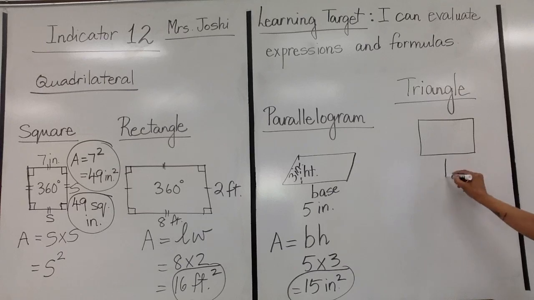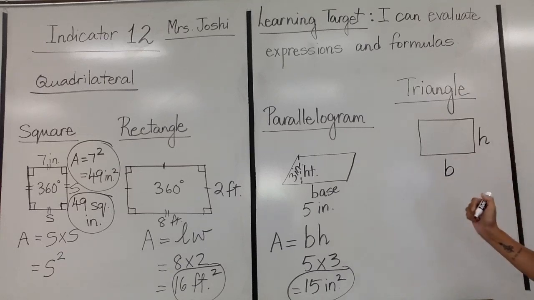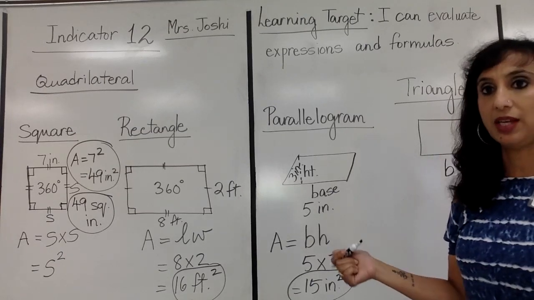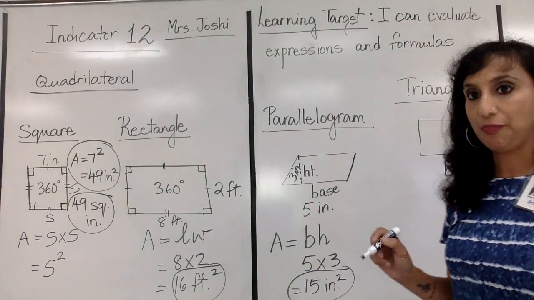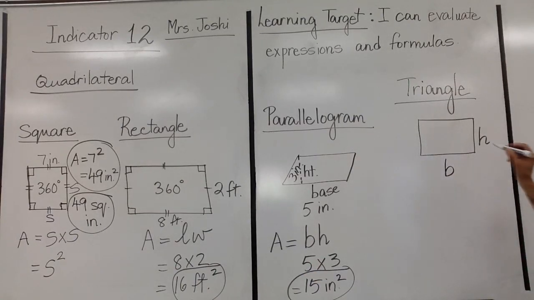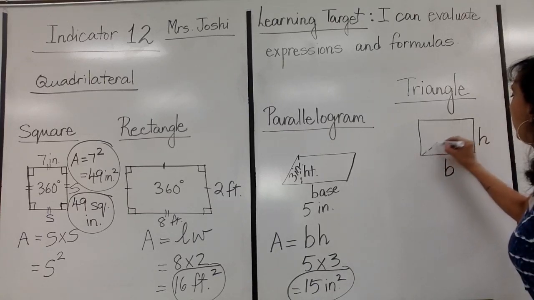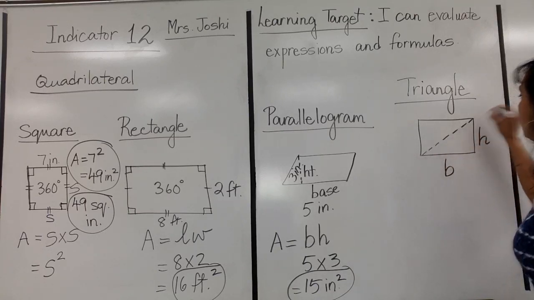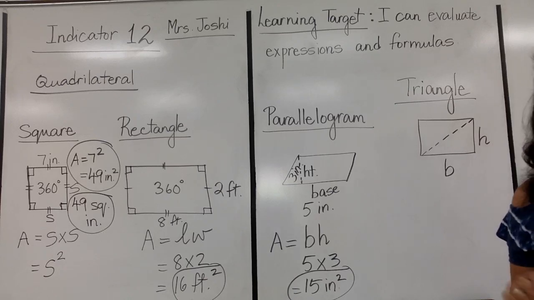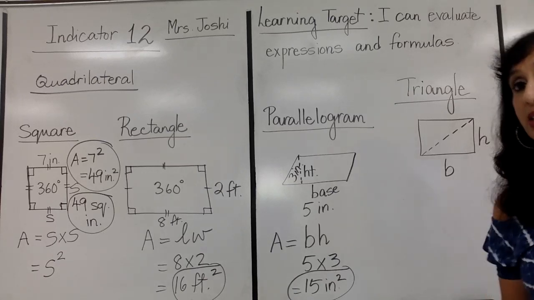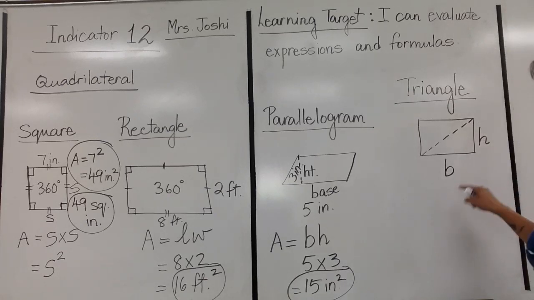Okay, let's say this was base times height or length times width, whatever you've written, it's the same concept. Now if I take any rectangle, any quadrilateral, and I break it into two, all right, you can see now I have two triangles.